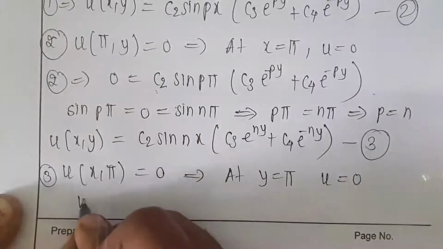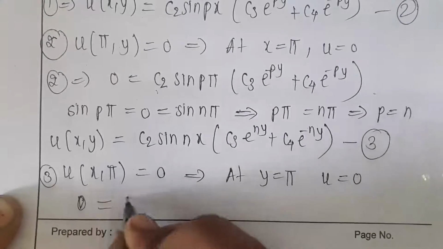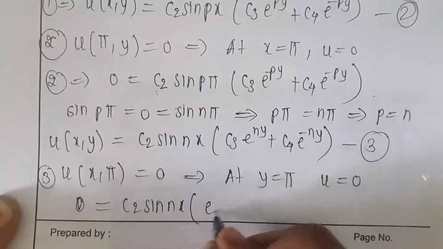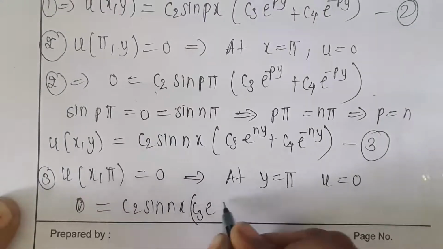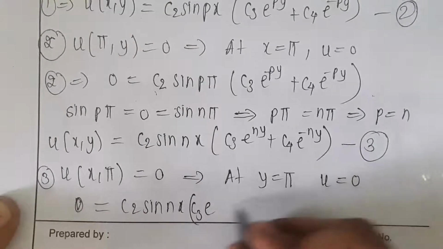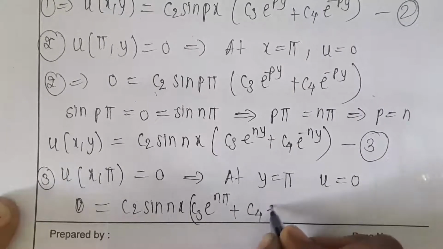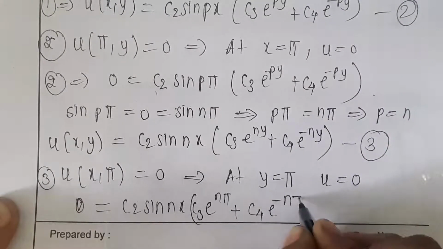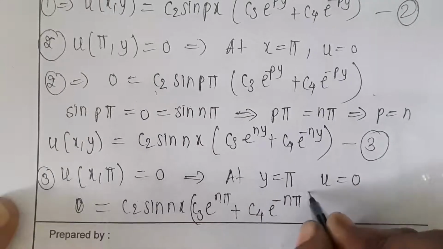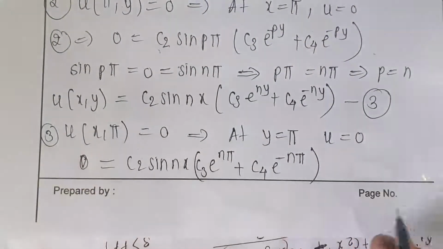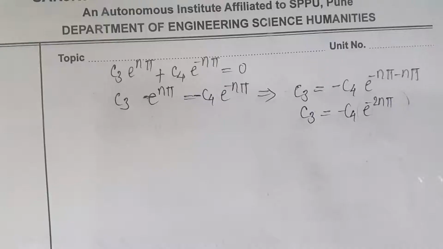So 0 = c2 sin(nx) as it is, times (c3 e^(nπ) + c4 e^(-nπ)), with y = π. Now which term becomes 0 here?